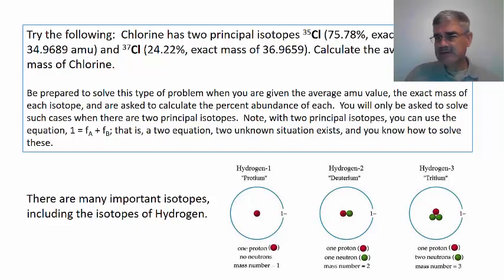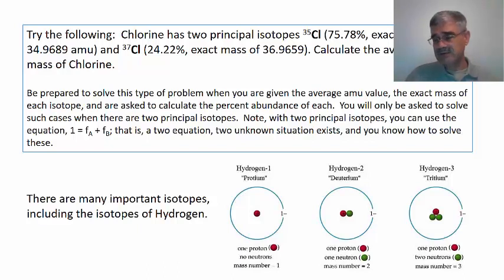Now, the connection with radioactivity is that in some cases, the nucleus of one of these isotopes is not stable. In the case of tritium, its nucleus is not stable, not as stable as that for deuterium or protium. So the tritium will undergo a very slow nuclear decay reaction. We'll talk about that later on. Other elements that you've probably heard about, carbon-14.